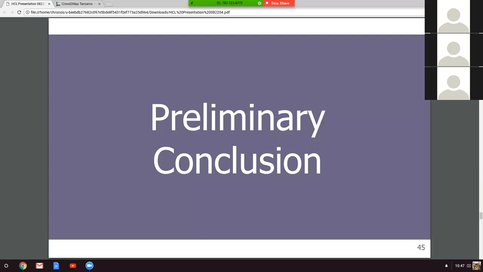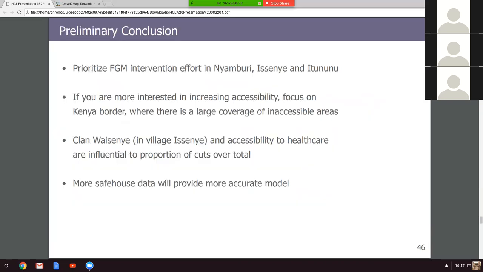The above information draws my preliminary conclusion. We should prioritize the FGM intervention effort in Nyamburi, Isenya, and Itununu villages. And if you're interested in increasing more accessibility, focus on the Kenya border. There is a large coverage of inaccessible areas.